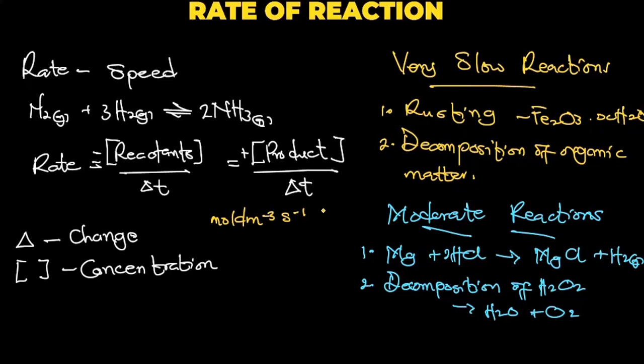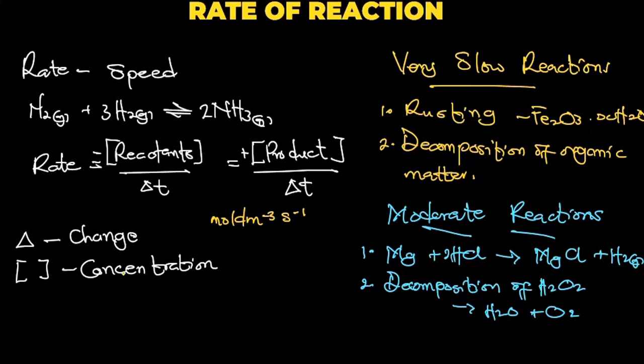All right. Maybe if the reaction is very slow, then we can use minutes or hours to represent the units for the rate. This is how we measure the rate of a reaction. Now, if we want to take each of these reactants or the products, we can also write a rate expression for it.